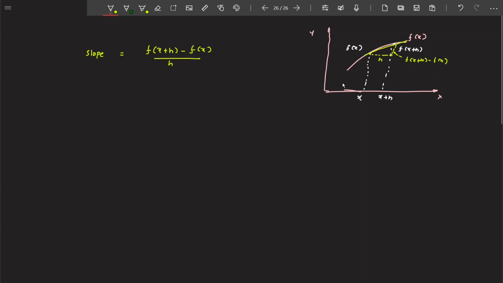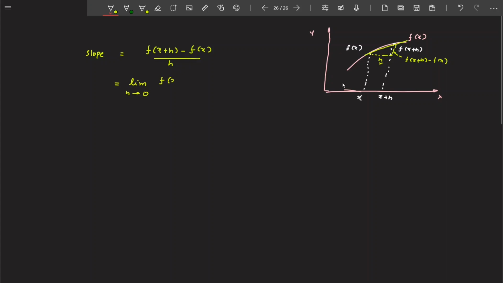But since we are interested in finding out the slope at a point, what we are going to do is, if you go on reducing this h, what is going to happen? Let us say at this point it is 1. If you go on reducing it, 1, then 0.1, then 0.001, then 0.00001, and so on, what you are going to do here is apply limits.